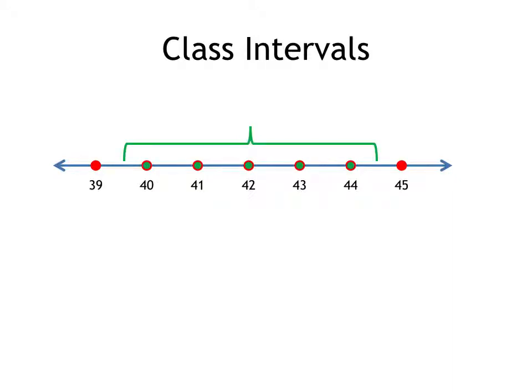We apply the same kind of reasoning to the exact limits for the interval. The exact limits for the interval that I've been talking about here are actually 39.5 and 44.5. Anything below 39.5 would be in the lower interval, and anything above 44.5 would be in the next higher interval.